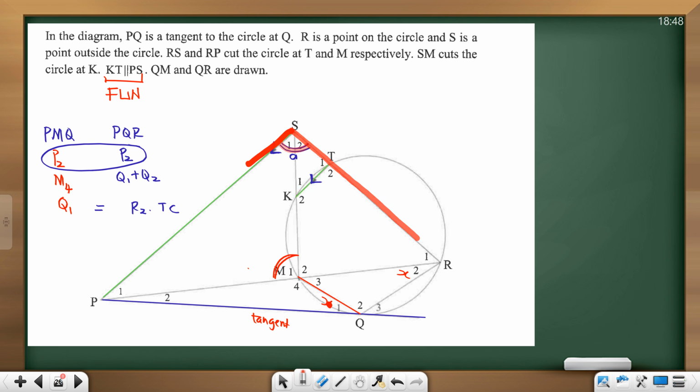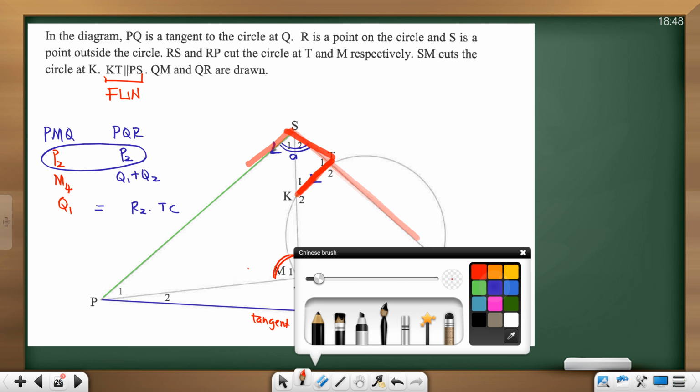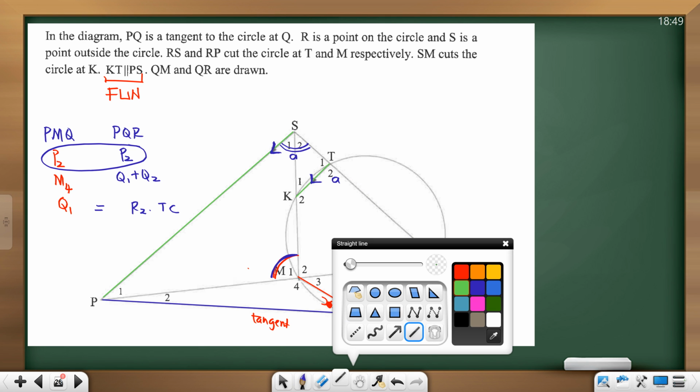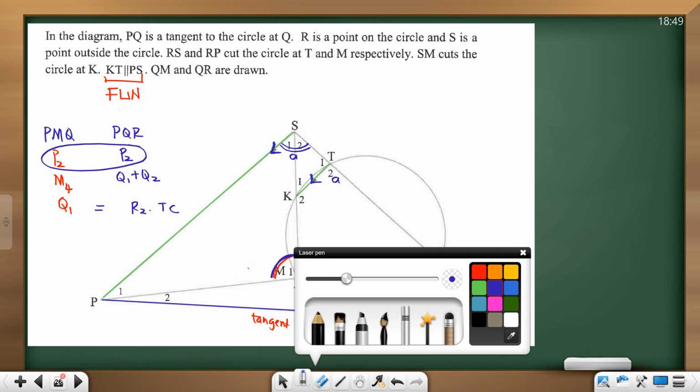Do you see my F there? Grade 8. So which angle? T2. T2 is equal to a. Corresponding angles. There must be a link between that T2 and M1. Let's go study M1. I don't know if you guys can see a cyclic quadrilateral.